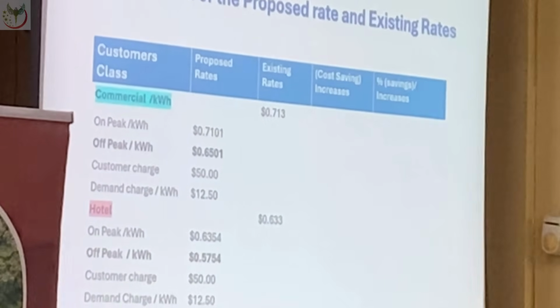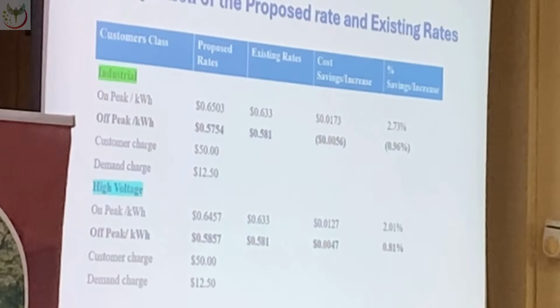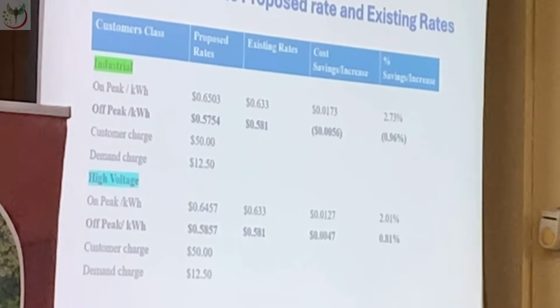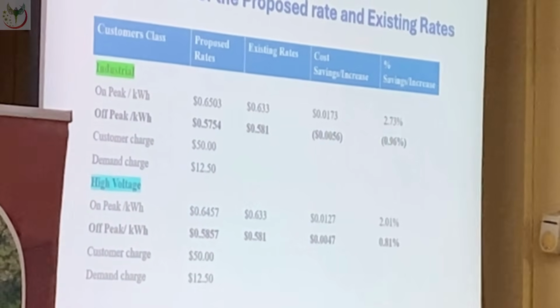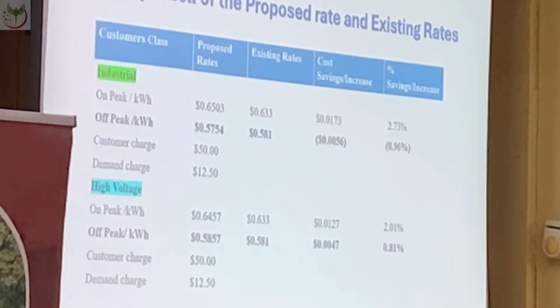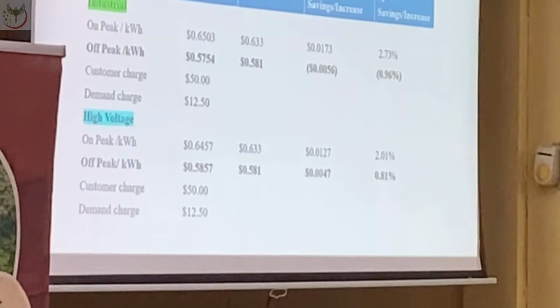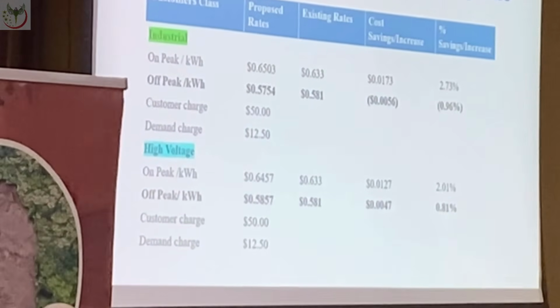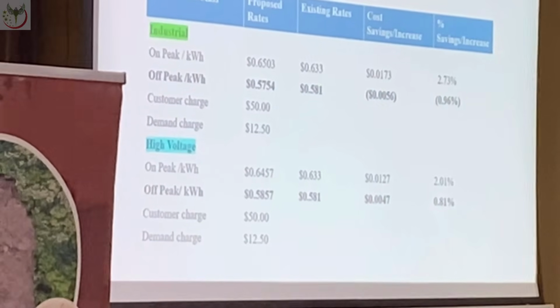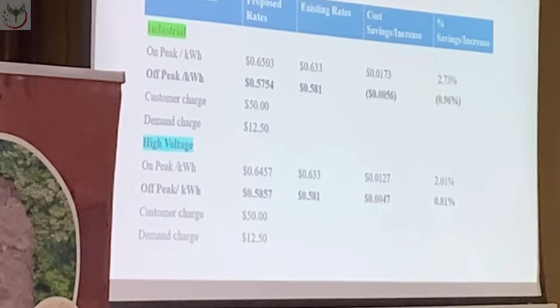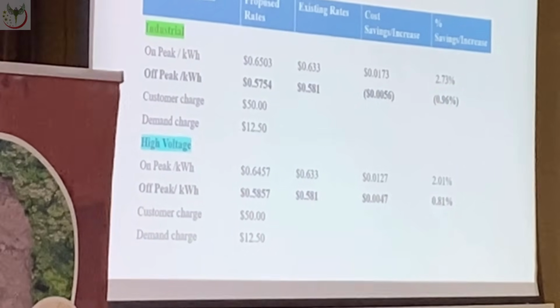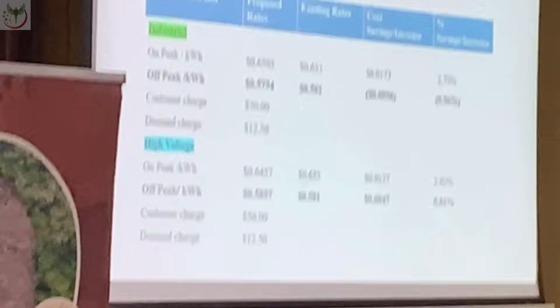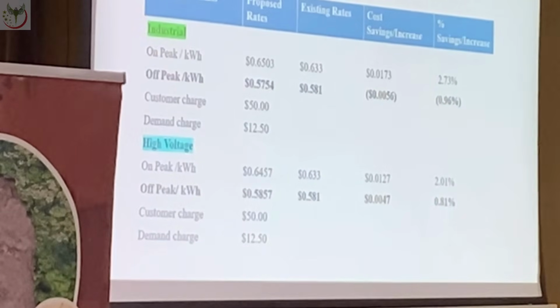DOMLEC will further explain. And industrial customer, we are seeing, therefore, with the proposed rate and the existing rate, we are seeing a slight 2.73% increase in the on-peak rates. And high voltage customer on peak, because in the existing tariff structure, there is time of use tariff for industrial customers, so therefore we're able to do that comparison.